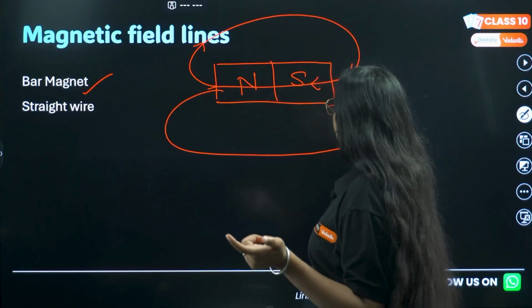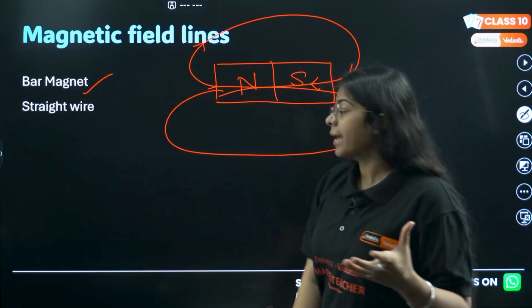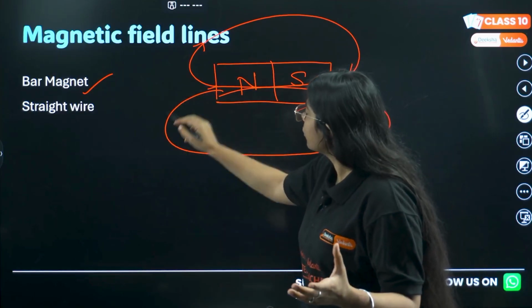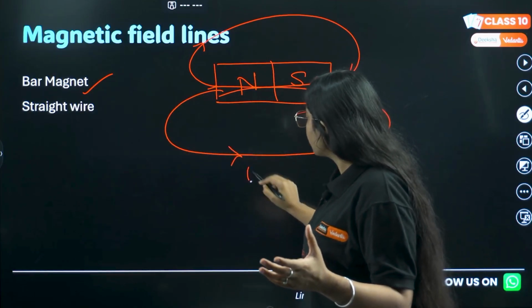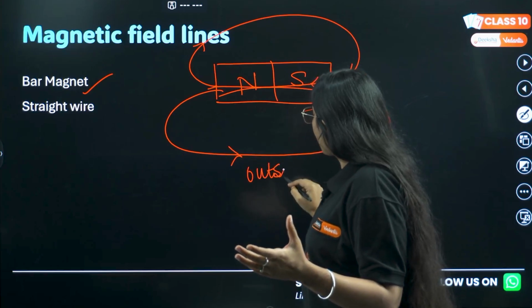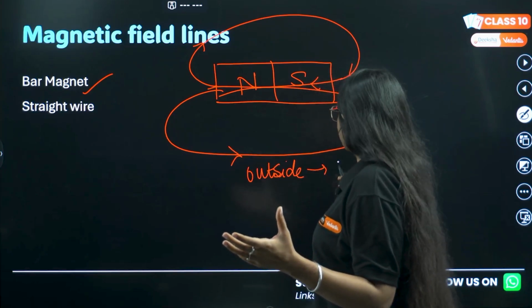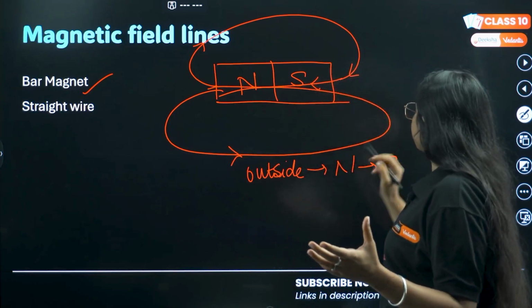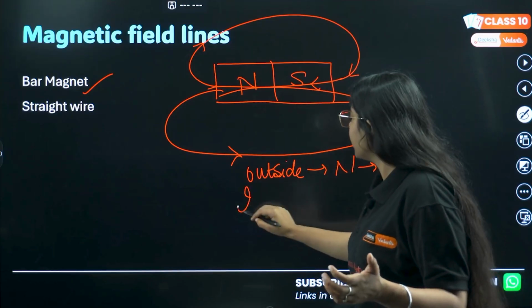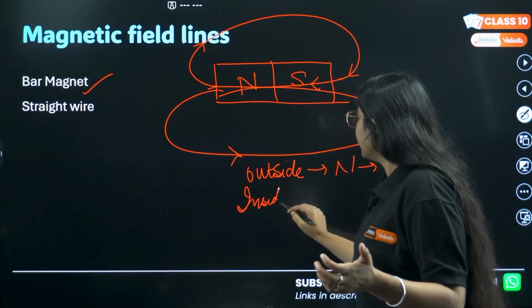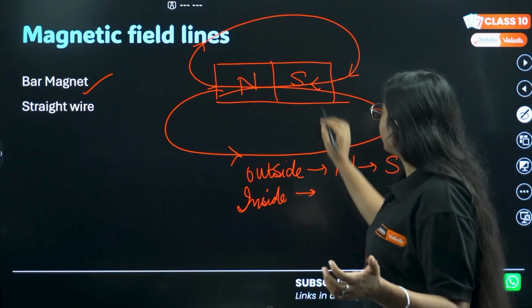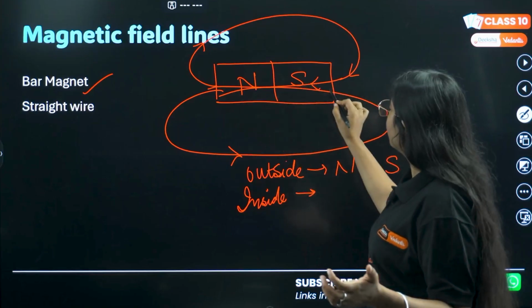Of course, if I make another field line, it will also travel from north to south outside the magnet, and inside the magnet the field lines will travel from south to north.